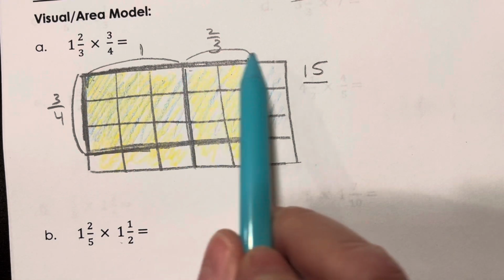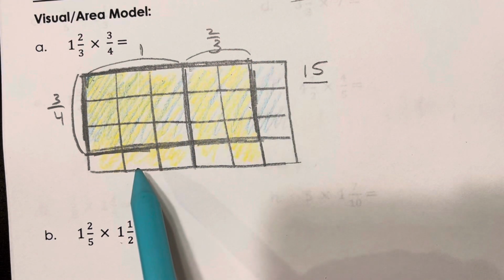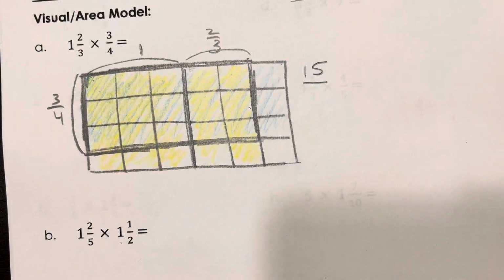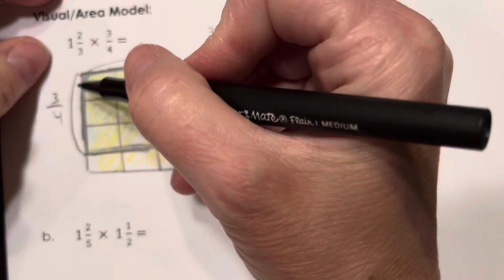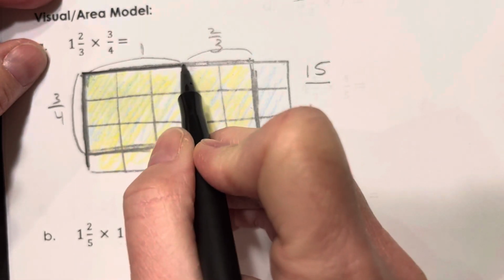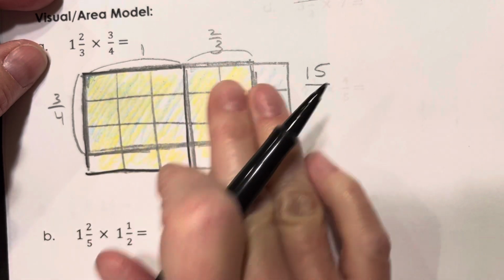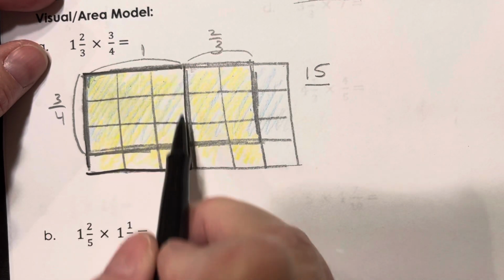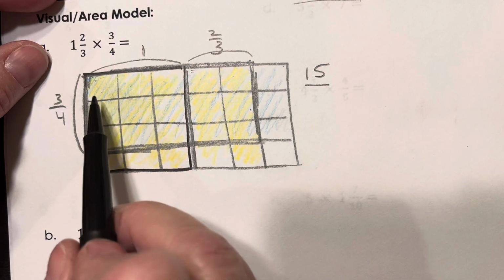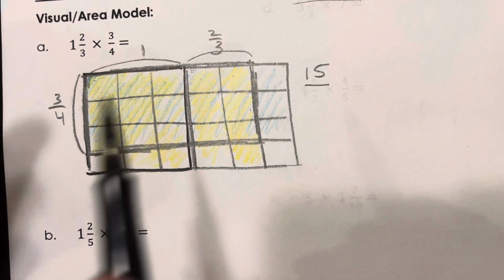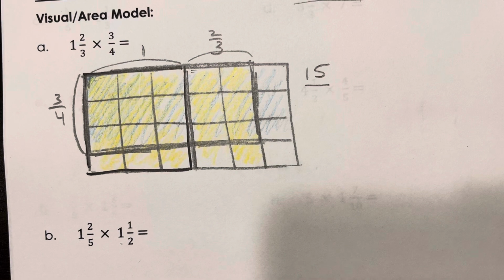This right here is actually showing 2 wholes. This side length is 1, and so is this. So the whole amount is actually this piece right here. This represents 1 whole, right? I have 1 whole and then part of another one. So the whole square is cut up into 1, 2, 3, 4, 5, 6, 7, 8, 9, 10, 11, 12 pieces. So my answer would be 15/12.